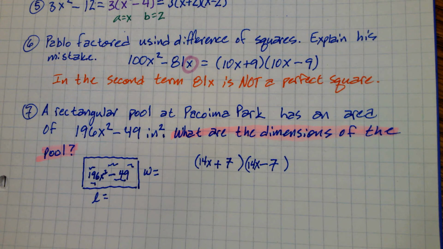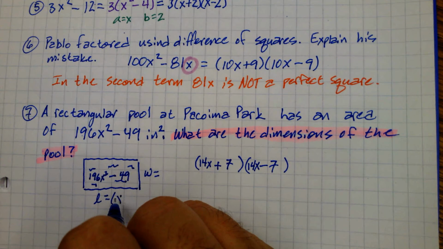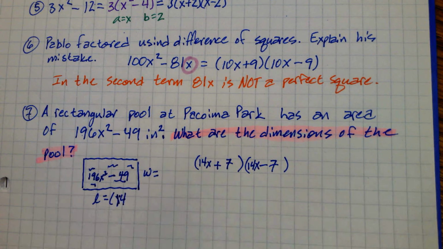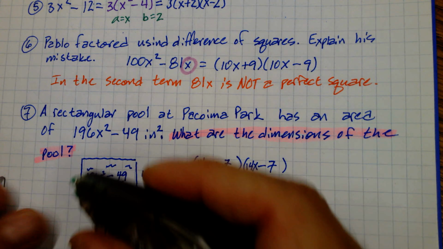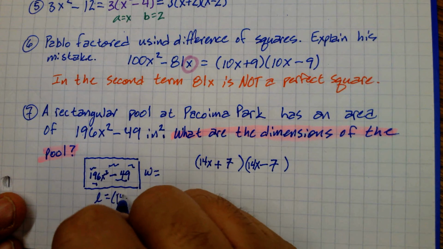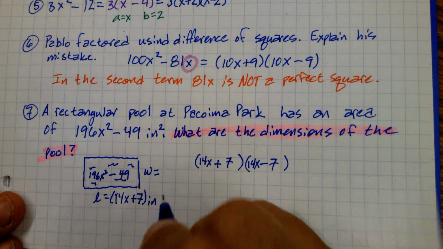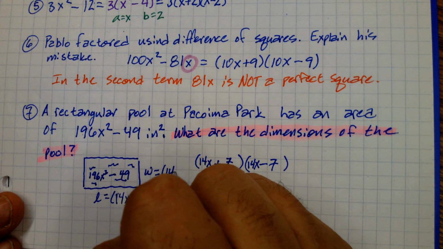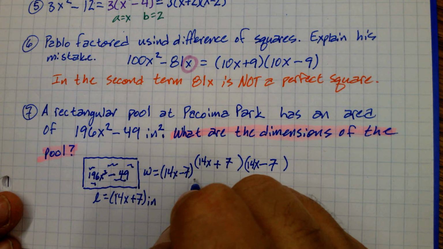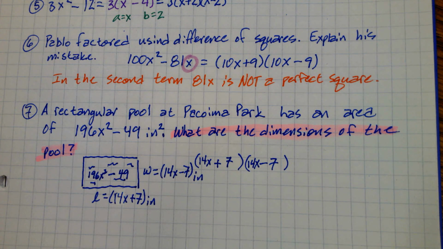Yeah. 14x plus a little more, 7 more. So 14x plus 7 inches, and then 14x take away 7 inches. There you are. Those are our dimensions. All right. Any questions?